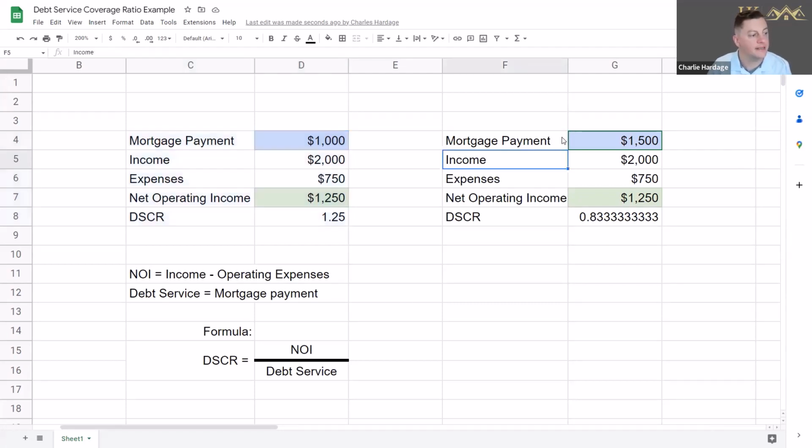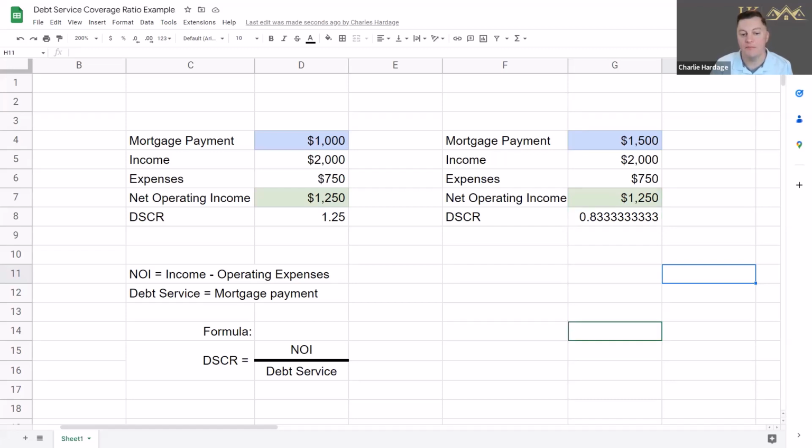But in this case, we are looking at a mortgage payment of $1,500 a month, income $2,000 a month, expenses $750 a month, and the net operating income, again, that's the income minus operating expenses, is the same. However, when we go to divide these, it's a DSCR of 0.833.